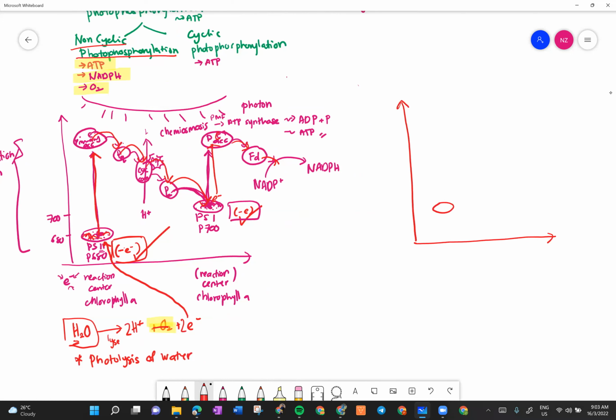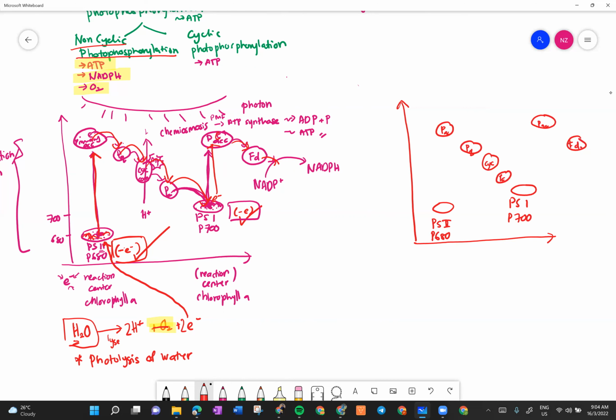Same things, PS1, PS2, P680, and then saya lukis dia juga PS1, P700, and then ada primary electron acceptor, ada plastoquinone, ada cytochrome complex, ada plastocyanin, and then sini ada primary electron acceptor, also got the ferredoxin, right?